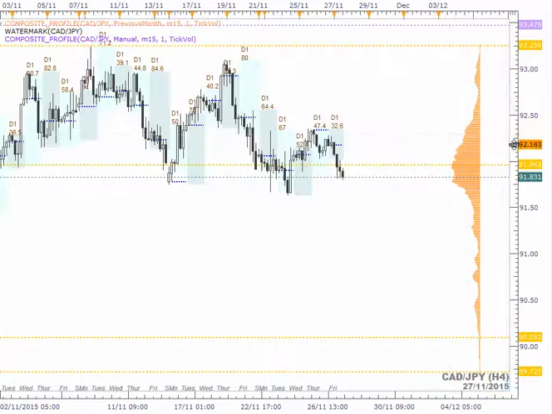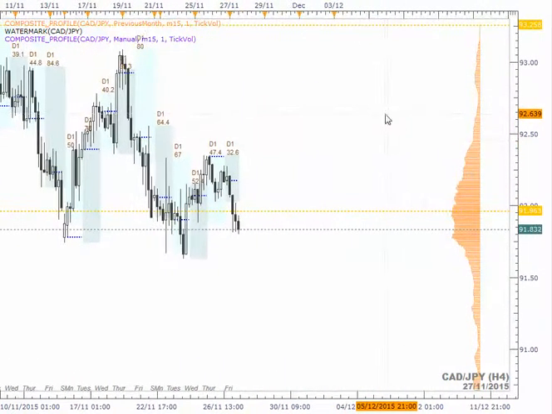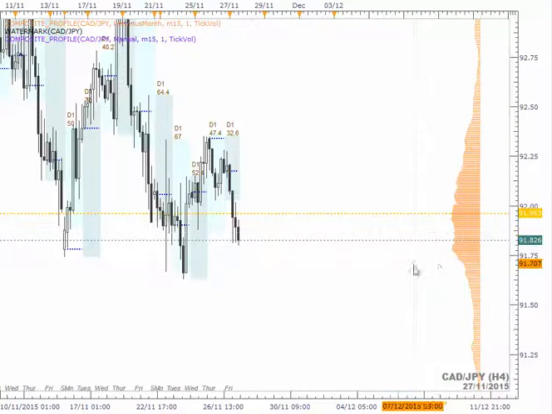But we could see from the volume profile that the high volume area is in this area here, and the high point is at 91.63.